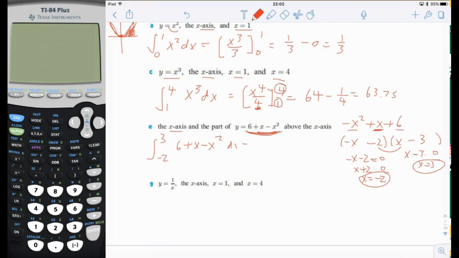And then the integral of that is going to be 6x plus x squared divided by 2 minus x cubed divided by 3. And we're going to evaluate it from negative 2 to 3. So if we put 3 in there, we're going to get 18 plus 9 halves minus 27 thirds, which is actually minus 9.